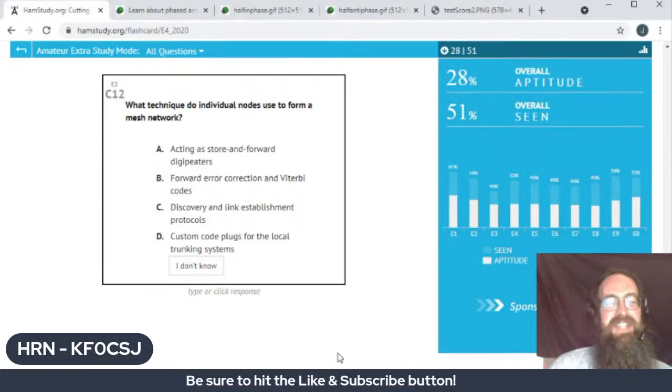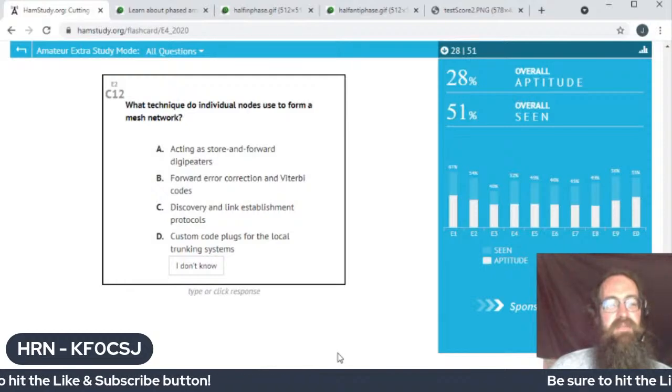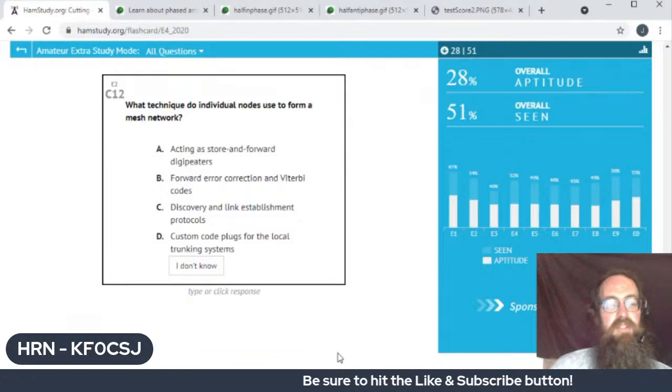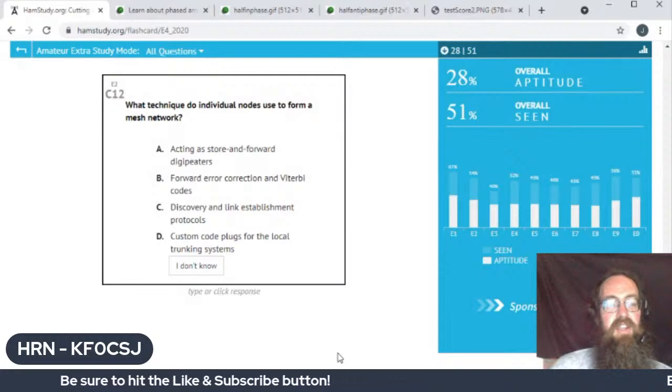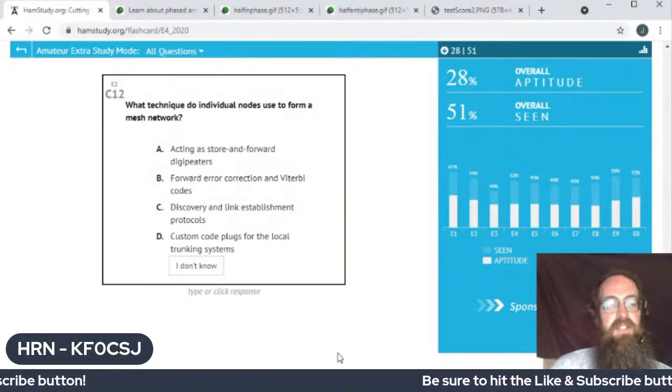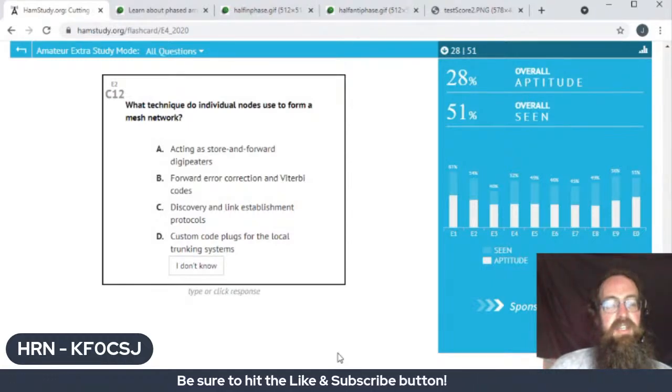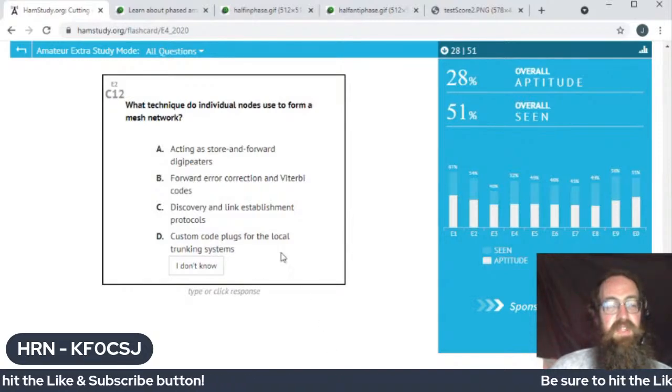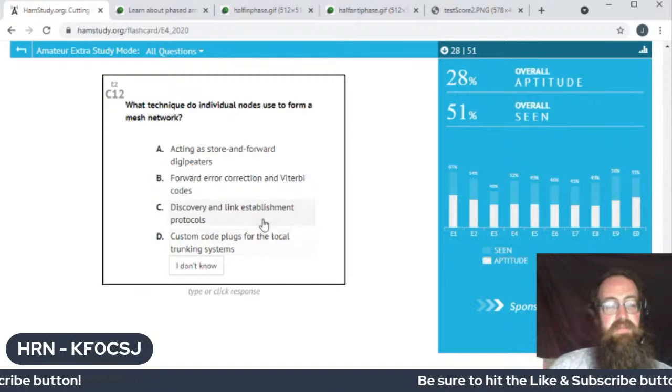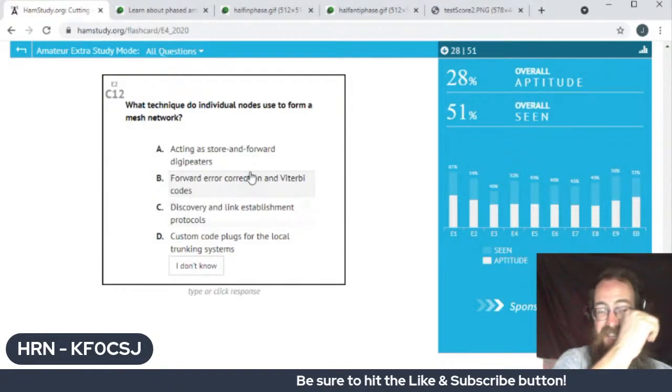E2C12. What technique do individual nodes use to form a mesh network? A, acting as store and forward digipeaters. B, forward error correction and Viterbi codes. C, discovery and link establishment protocols. D, custom code plugs for local trunking systems.